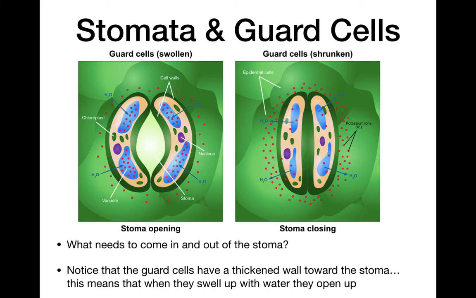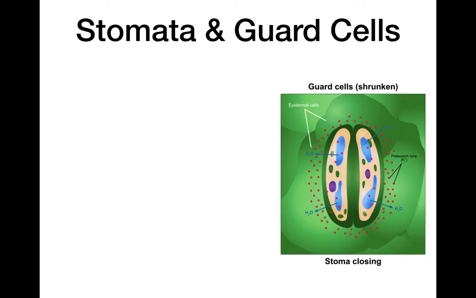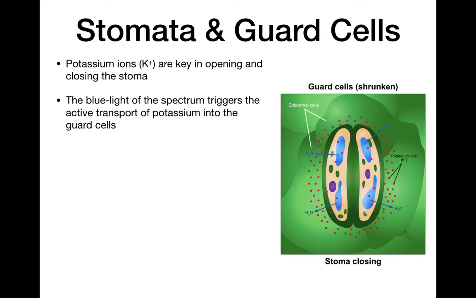Now, what causes the water to come in and out? Well, potassium. Potassium ions are the key factor, and what's going to happen is when blue light, the blue part of the visible light spectrum, hits the stoma, it's going to trigger active transport of potassium. So we're going to spend ATP, using active transport to bring potassium into the guard cells.